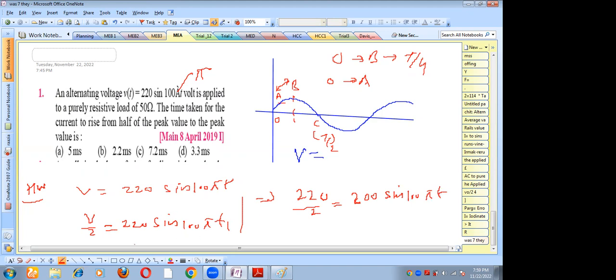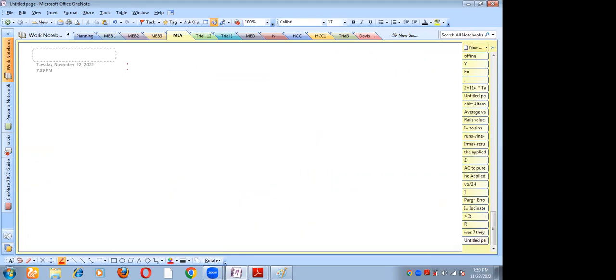So from here you will get sine 100 pi t1 will be equal to half, and that is sine pi by 6. Sine 30 is half. So 100 pi t1 is equal to pi by 6. So from here you will get t1 is equal to 1 by 600 second.